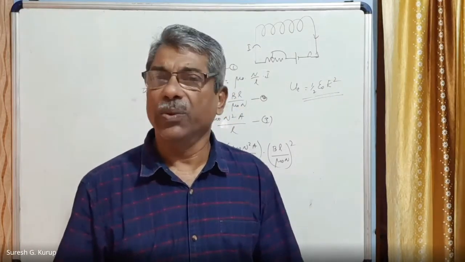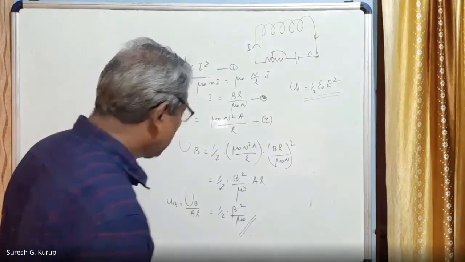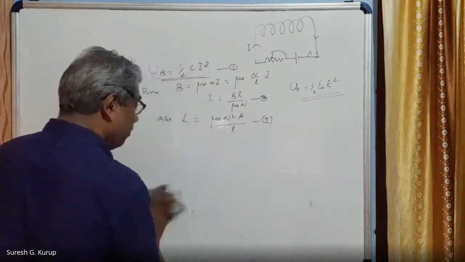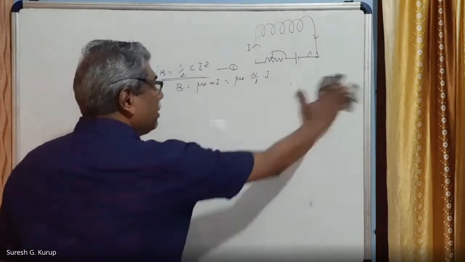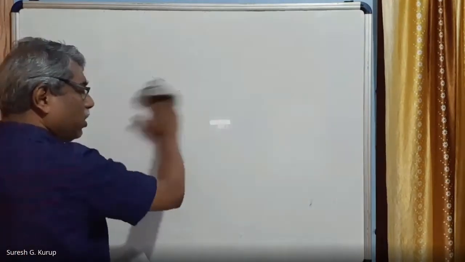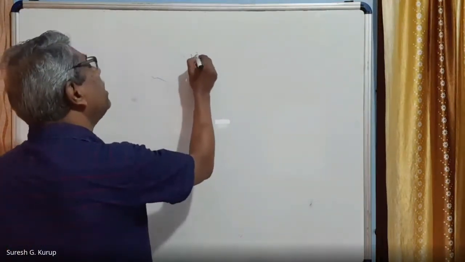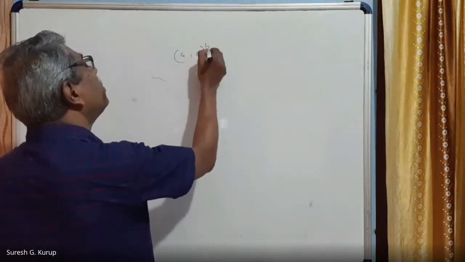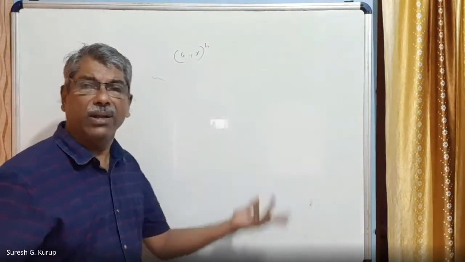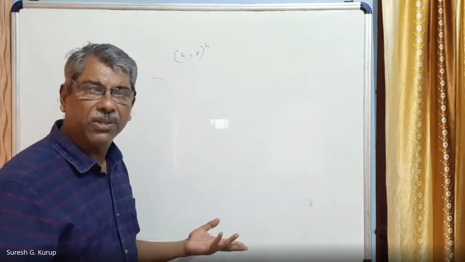In that situation, we can obtain the value of a plus x the whole raised to n also. Suppose a plus x the whole raised to n is the function. n can be greater than 3. A plus x the whole raised to 3.